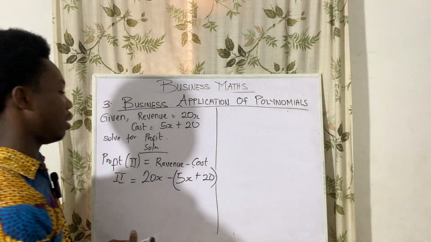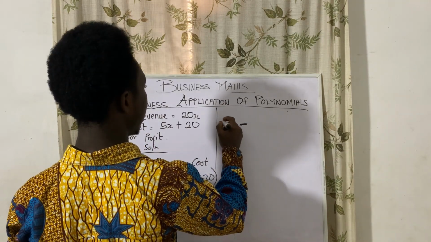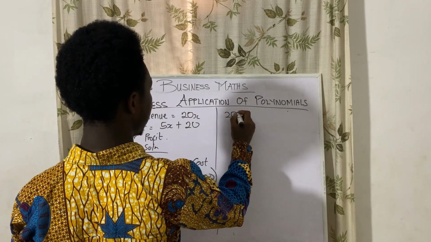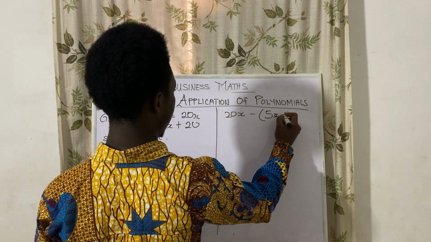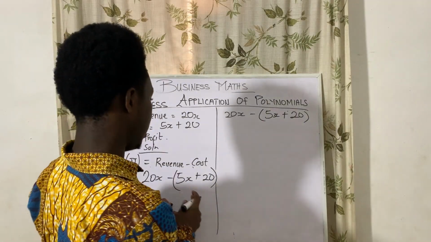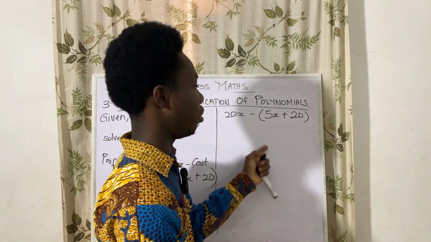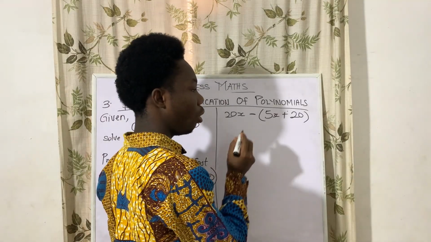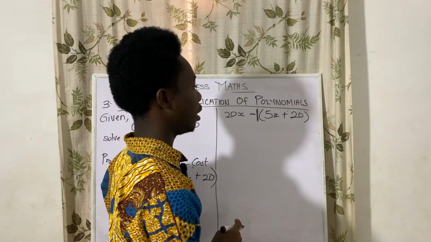Note that whenever you see an expression like this, let's use the example we have: 20x minus (5x plus 20), right? So this is in a bracket. This is cost and this is revenue. So how do we solve for the one in a bracket? Because there is a negative sign, always there is a 1 over here, but we don't write the 1.